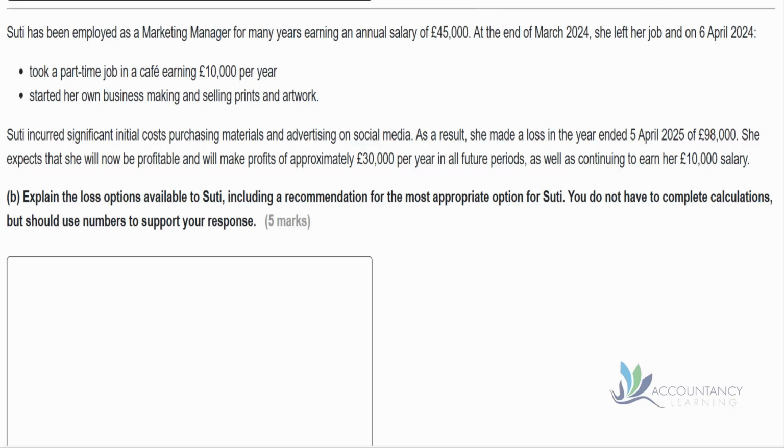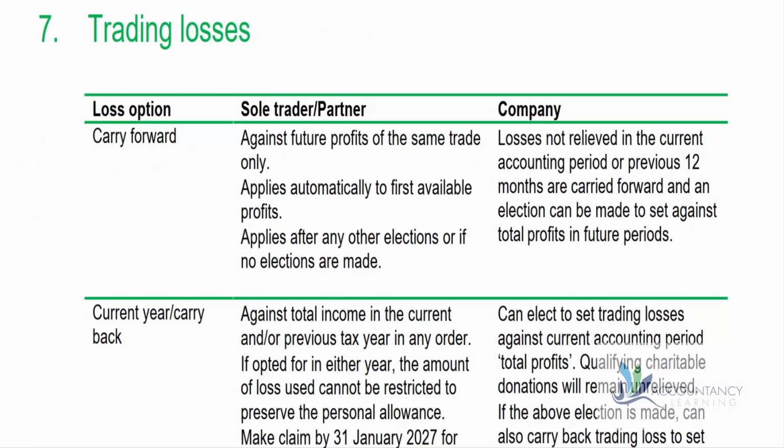In the reference materials, we've got guidance for individuals, and for individuals it's a bit more complicated compared with companies, because you can choose the order in the years that you want to offset the losses against. For companies, it's a bit more rigid and a bit more straightforward to apply. So we can see that there's a choice to be able to carry forward the losses, or apply them against the current year, or carry them back, and we can do them basically in any order that suits the taxpayer.